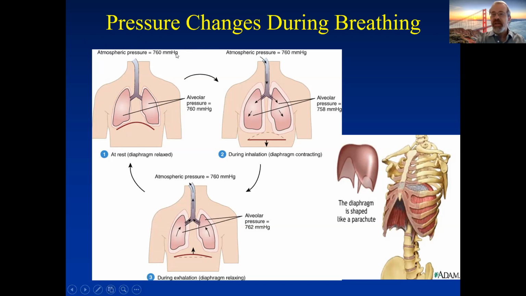Those of you who have studied the weather or seen the news know that's what we call 1 atmosphere. That's the pressure surrounding us. There's also a pressure inside the lungs, called the alveolar pressure. At rest, the outside pressure, 760, equals the inside pressure, 760.